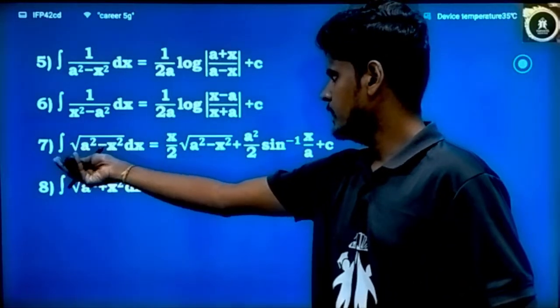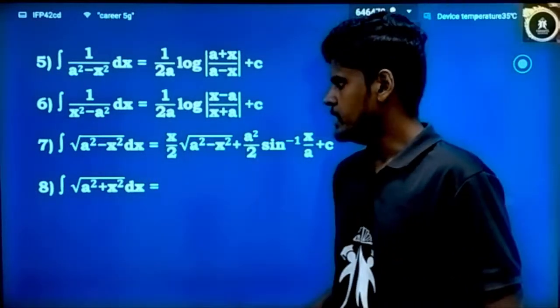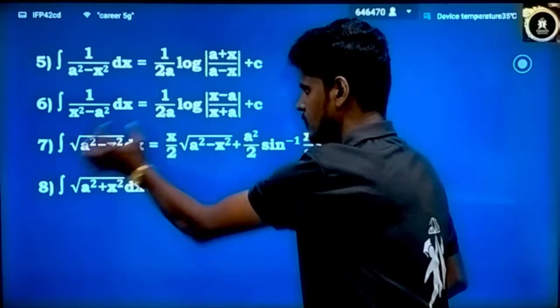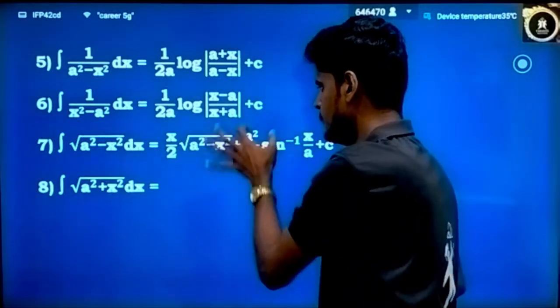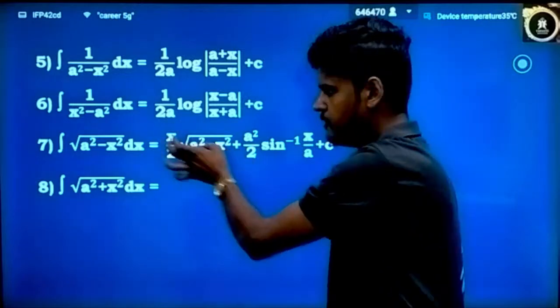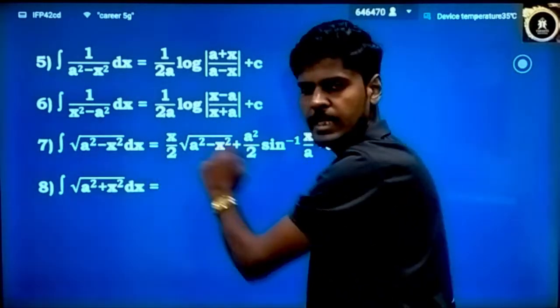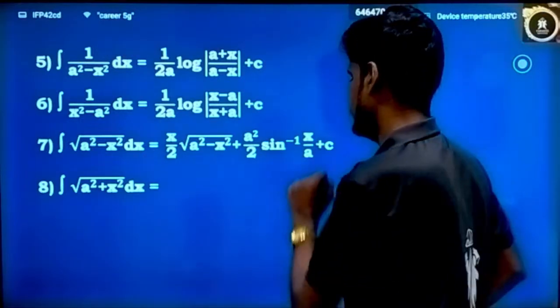Here, integral of square root of a square minus x square dx. The formula is x by 2 into the square root, this part as it is, plus a square by 2 into, if this is in the denominator, what is the formula? Write that here.